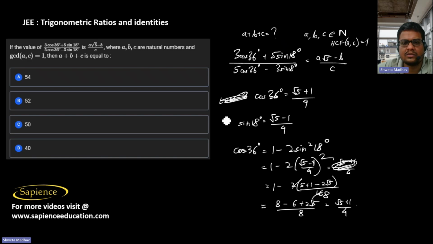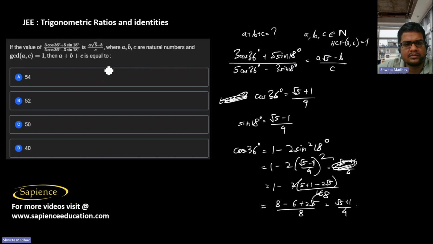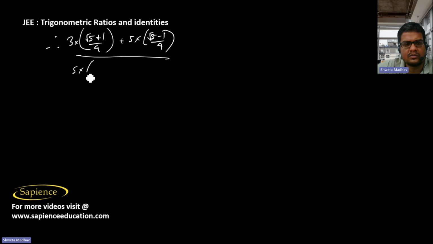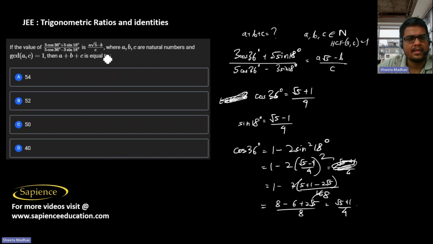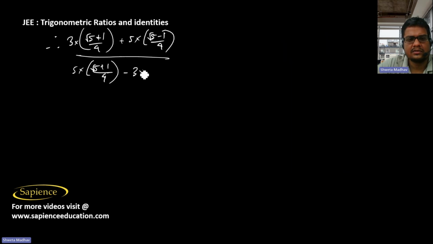So now, therefore, 3 cos 36, that is 3 into (root 5 plus 1) by 4, and then plus 5 into sine 18, sine 18 is (root 5 minus 1) by 4, divided by 5 cos 36, so 5 into (root 5 plus 1) by 4, minus 3 sine 18 degrees, so it is 3 into (root 5 minus 1) by 4.